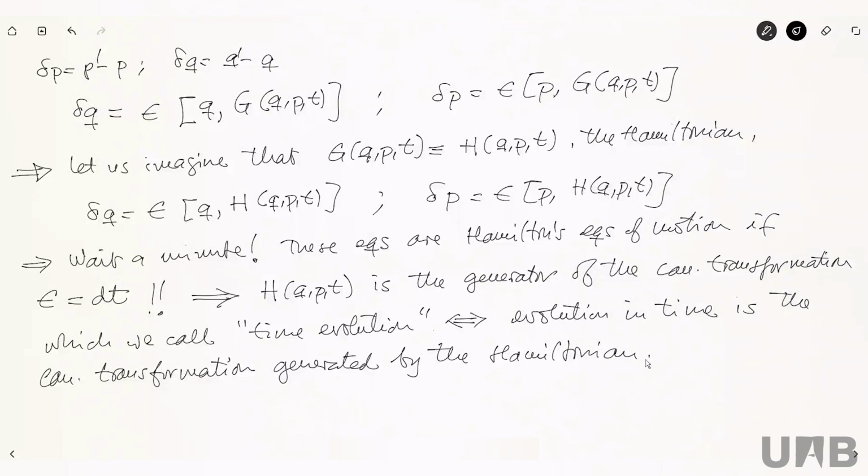So we learned two things. The first thing we learned is that evolution in time, which is, in other words, the solution to the equations of motion, is itself a canonical transformation. And the generator, in the sense of this G that we had before, of this evolution in time is nothing but the Hamiltonian. These very same words you are going to say in quantum mechanics, or maybe you have already said those words in quantum physics. I don't know. Did you already see this in quantum physics or not?